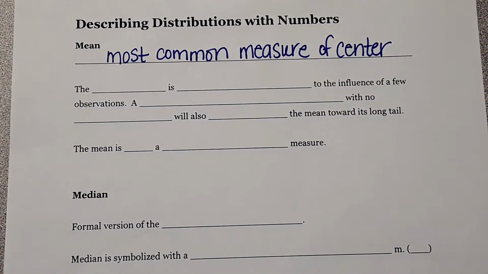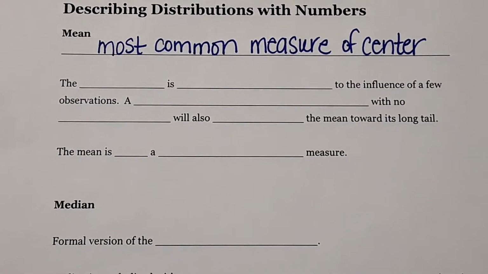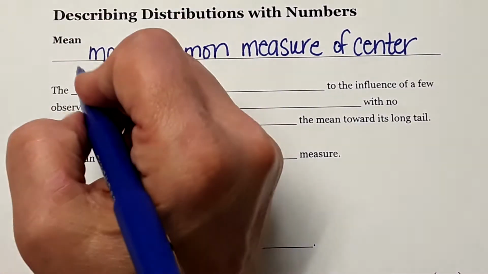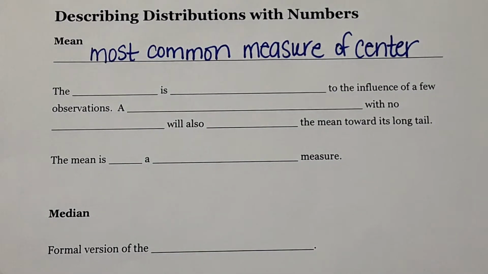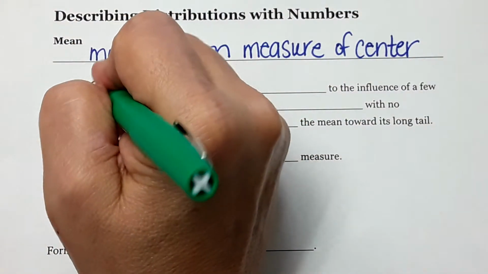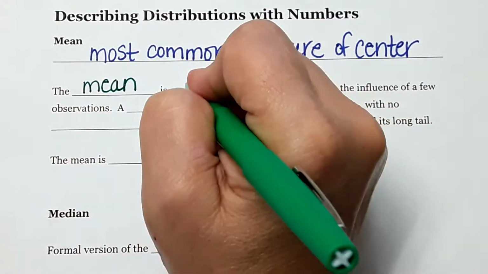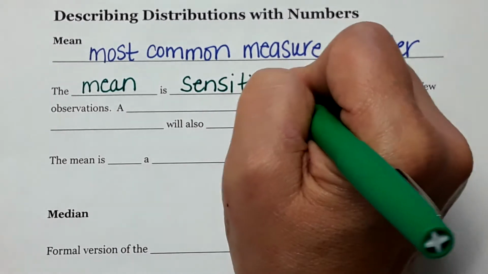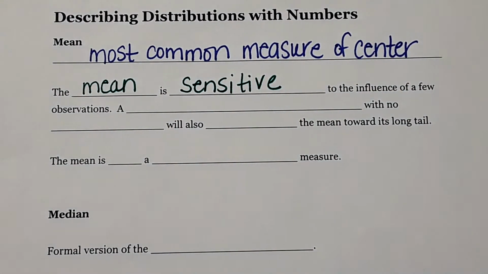The mean is sensitive to the influence of a few observations. So, you guys, that means that it's pulled in one direction or other.